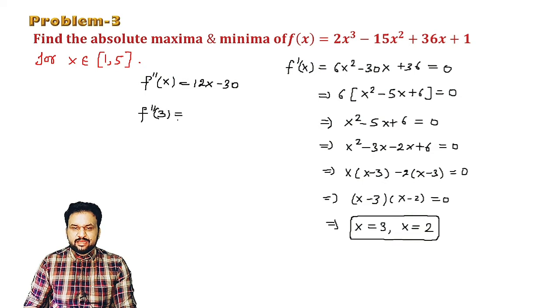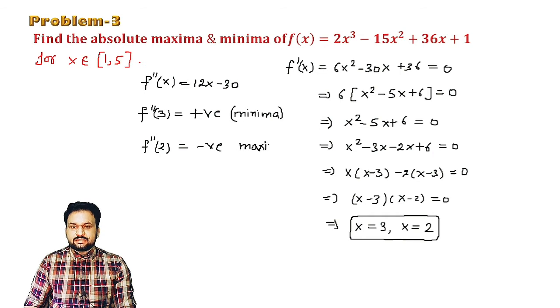If you replace x equal to 3, 12 times 3 is 36, it will give you a positive gradient. Positive means the point of minima. Clear? And if you replace the value 2 in the double derivative, you can see it will give a negative gradient, which means the point of maxima. Logic clear?